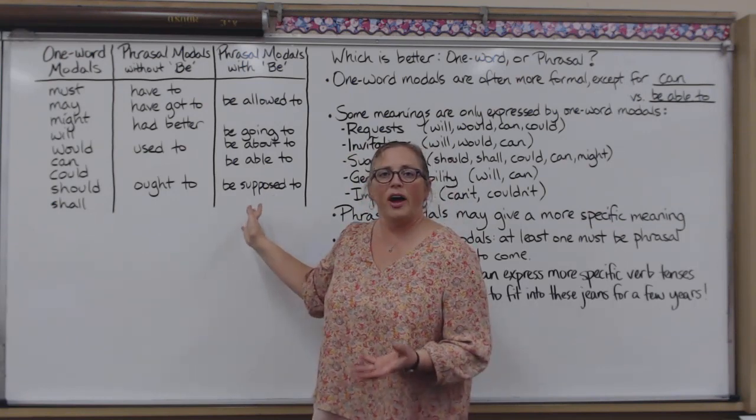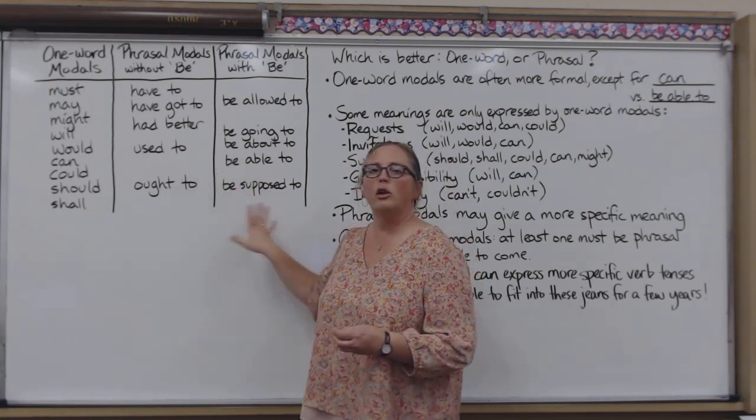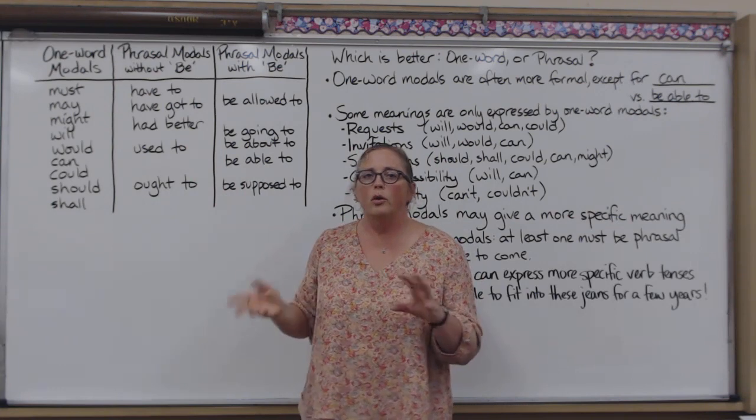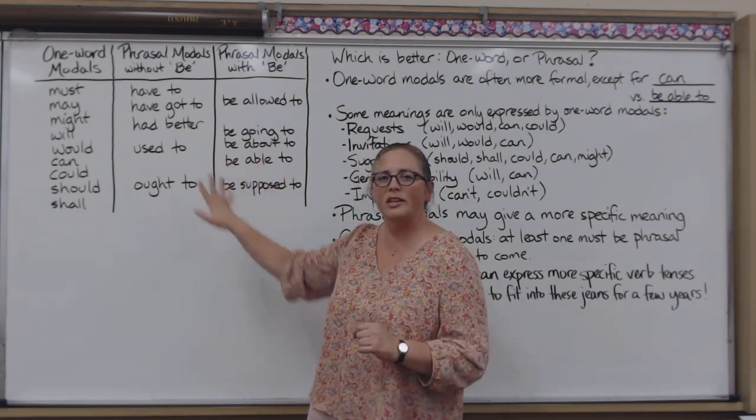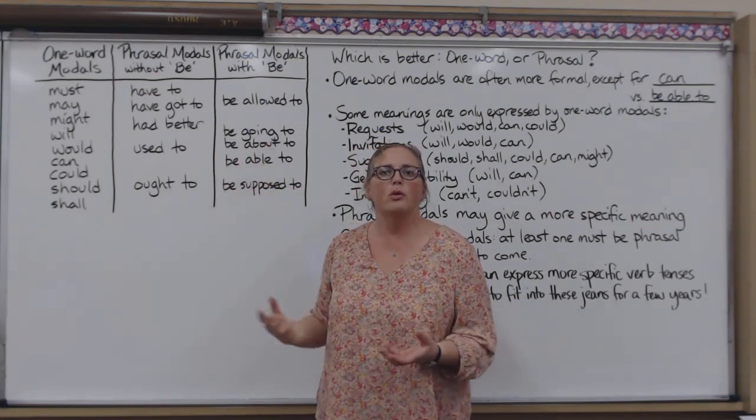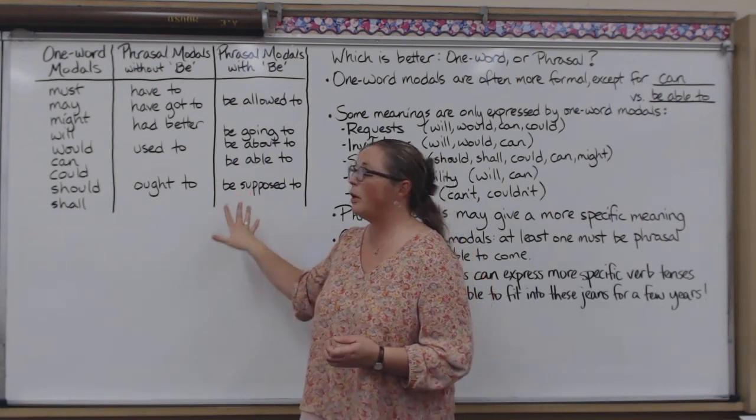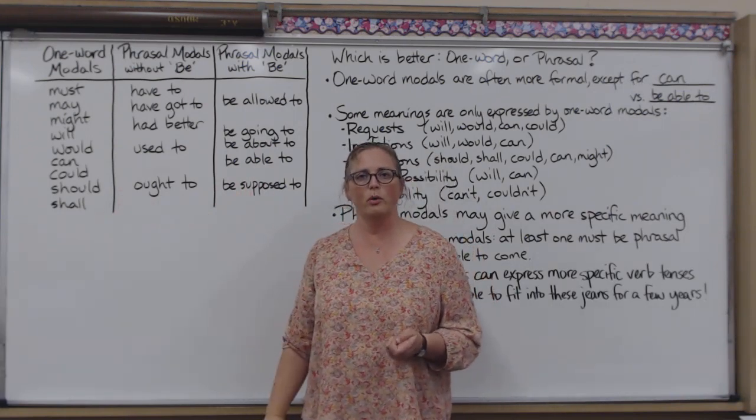You may sometimes find other lists that don't include all of these or might include a few others, but these are probably the most common phrasal modals, and then our one-word modals.